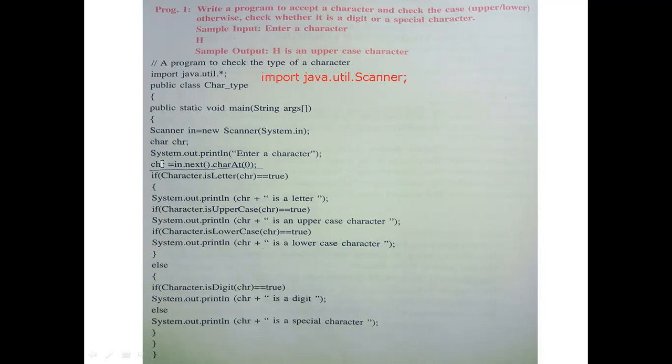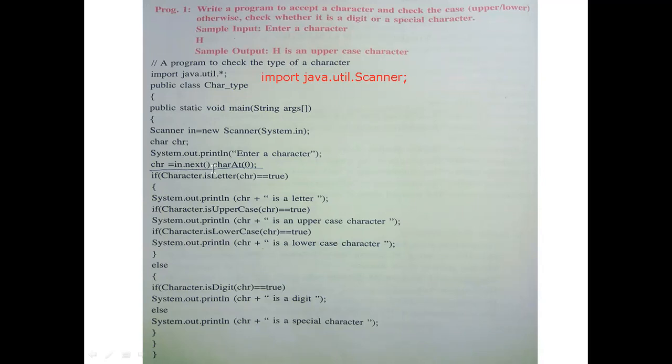How to accept a character? It is very important. My character variable is chr, right? chr = in.next().charAt(0). Observe, in.next(). Actually, in is a Scanner object. next() is a method to accept one word. in.next() is to accept one word.